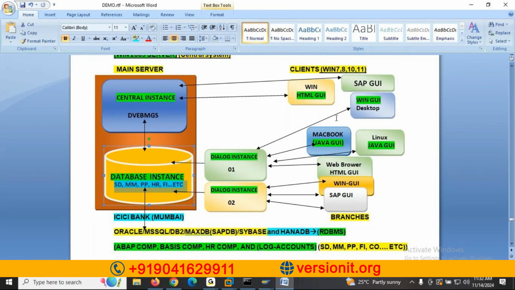Now write down SAP GUI, SAP presentation. SAP presentation is called SAP GUI.